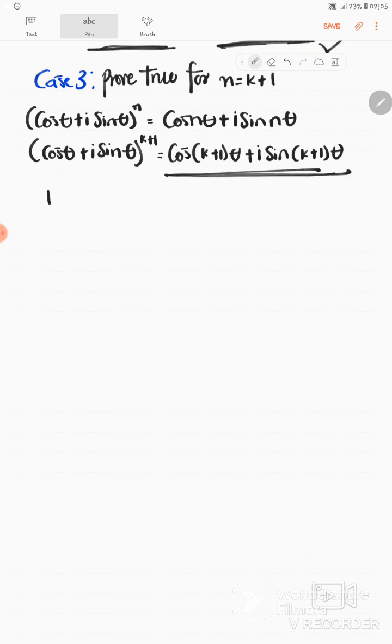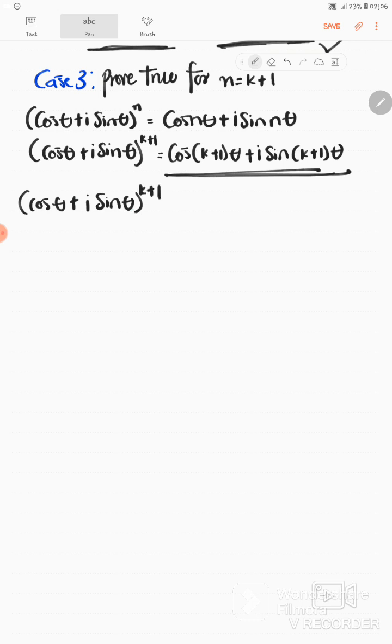That is, we want to make the left hand side equal to the right hand side. Now we are going to leave this part alone and deal with this part. Our aim is to make here like here. Let's do this together. We're going to have (cos theta plus i sin theta) raised to power k plus 1.